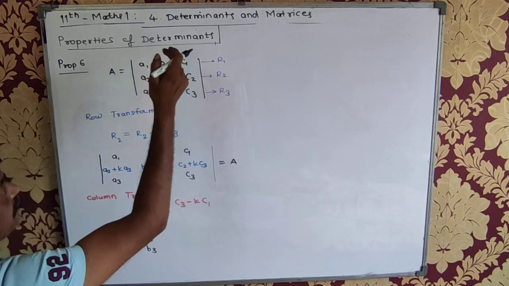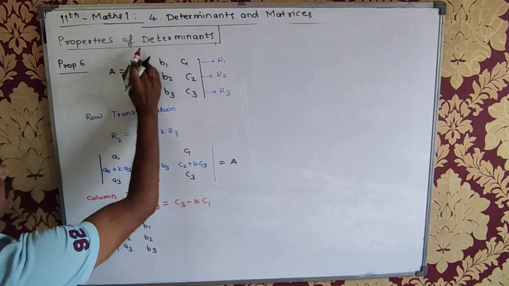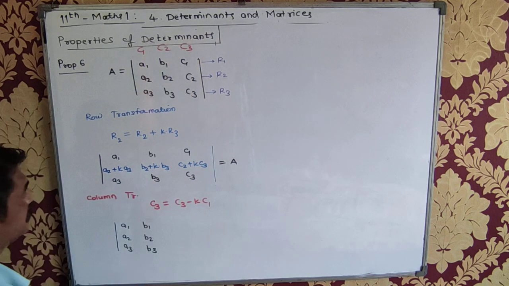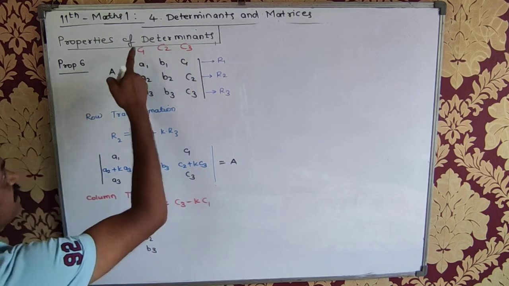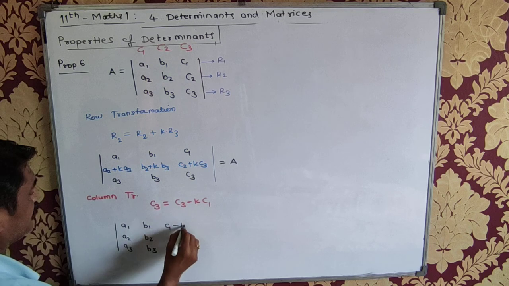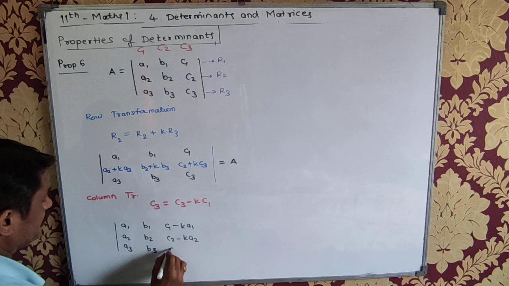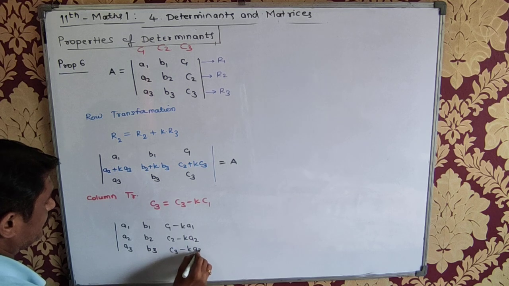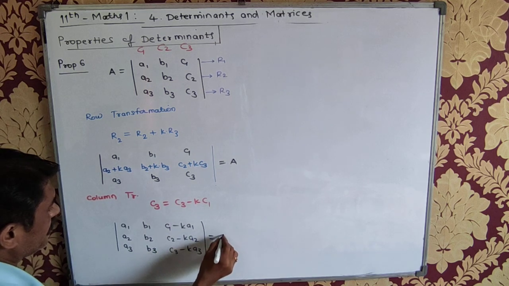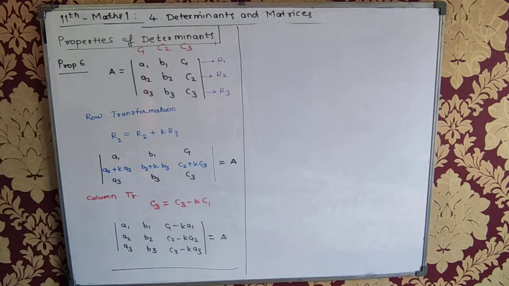C3 is equal to C3 minus K times C1. So this is column 1, column 2, column 3. C3 minus K times C1 means C1 minus K A1, C2 minus K A2, and C3 minus K A3. And after this transformation also the value of the determinant remains the same. Is this okay? Any doubts about that?